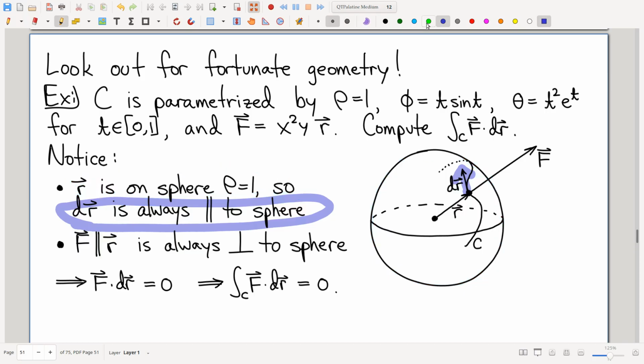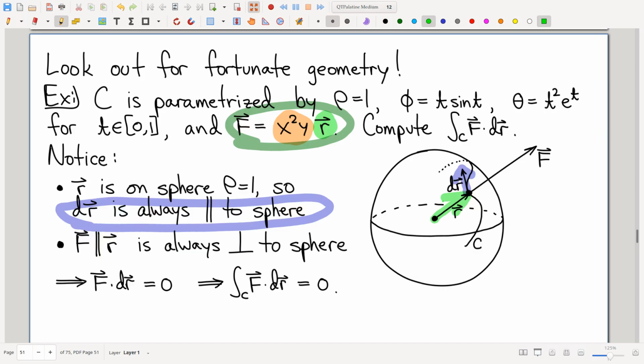Now let's look at our vector field here. We've got this vector field given. That's kind of weird. What are we going to do about that? Well, that vector field, check it out, is always a scalar multiple, right? X squared y is a function of position, but it's a scalar, always the same scalar, multiple of the position vector. And now another geometric appeal, and this is just a curious feature of spheres.